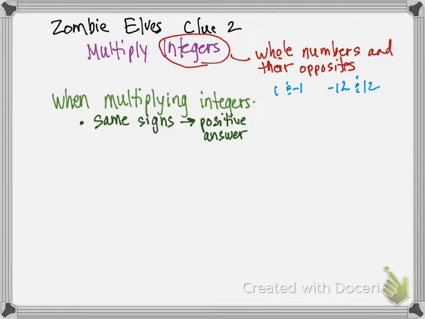And different signs leads to a negative answer. That's the rule in a nutshell. It doesn't affect how we do the math, it just affects what the sign of the answer is. And this rule is exactly the same for dividing integers.